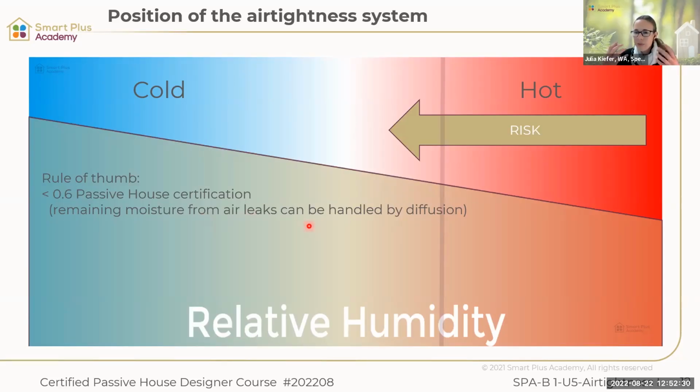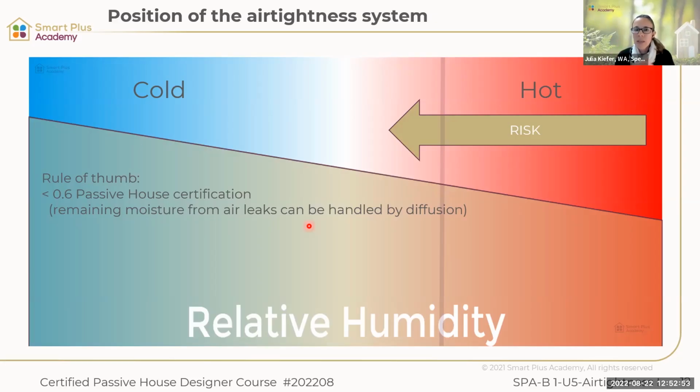So, you know, we're not building for space. We're not building with 0 air exchanges. We're still allowing 0.6. And we've learned now that, yes, there will be some air leakage and some moisture in our buildup, but it's so little that we can handle that by saying, okay, let the moisture diffuse to the outside, and there it will be taken away. So it can dry out. The structure can dry out.